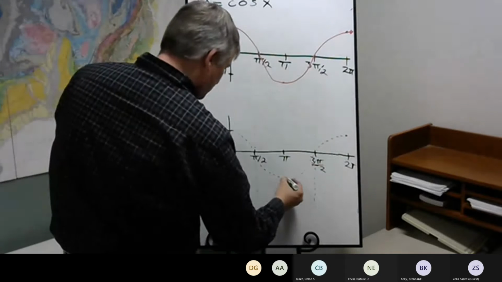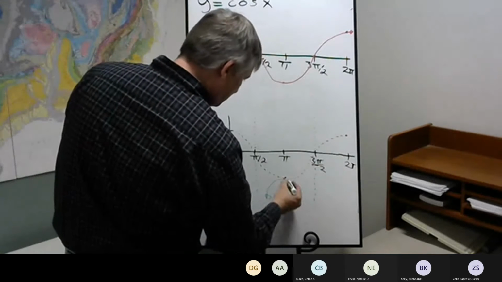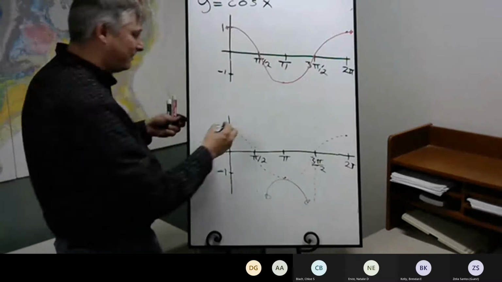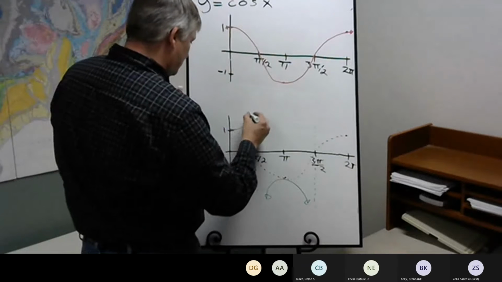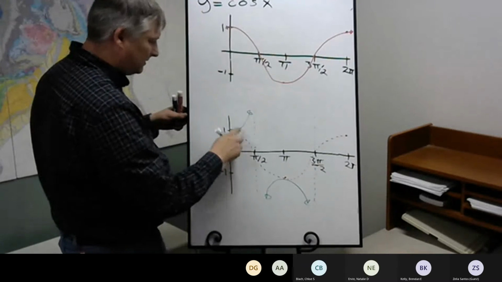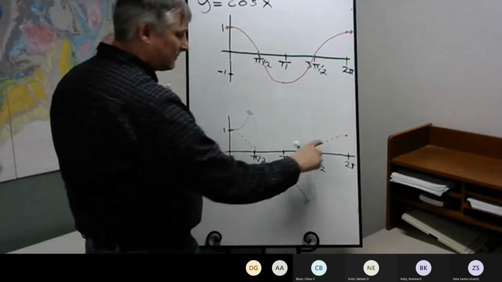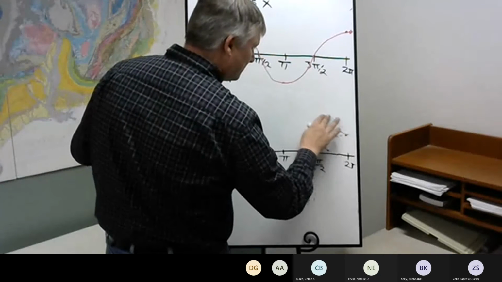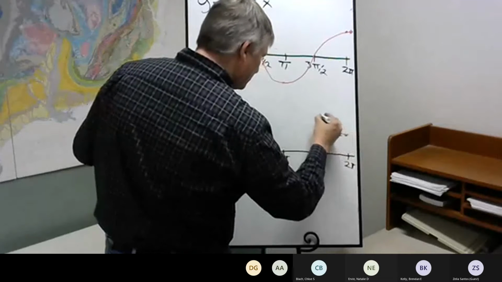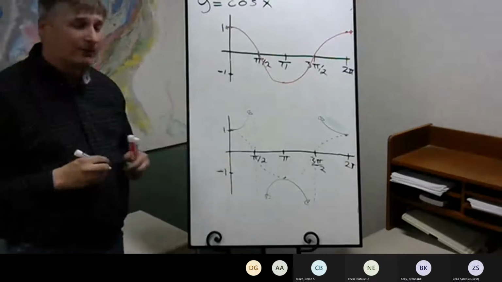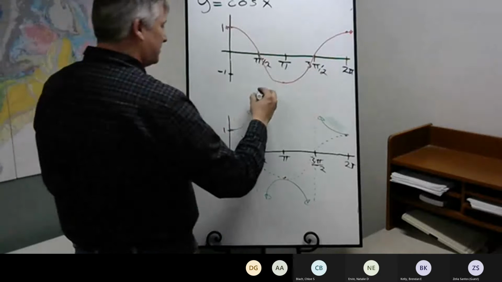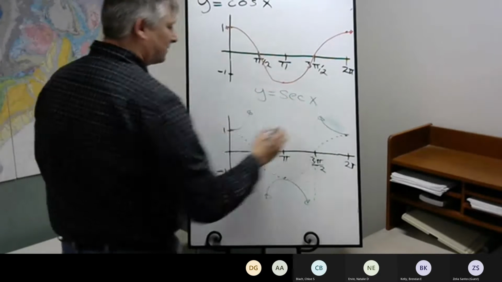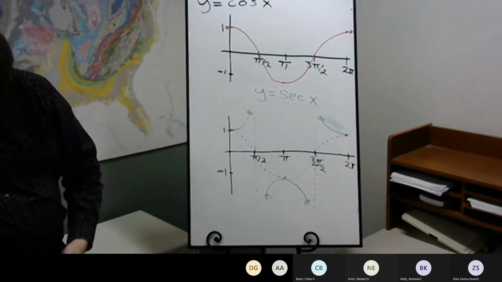So this one will go between the asymptotes. Now this one, we actually can only do half. We have half a hill, so you get half a parabola. Half a hill, half a parabola. And so this is y is the secant of x.